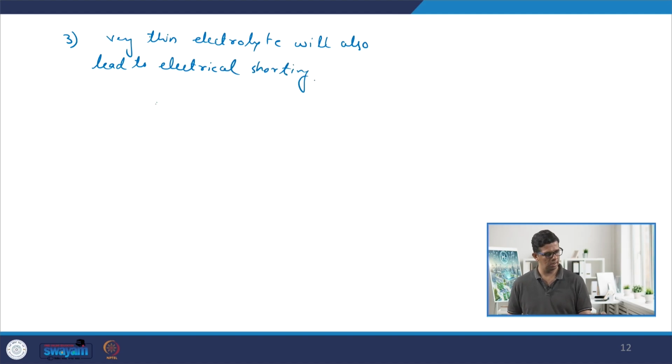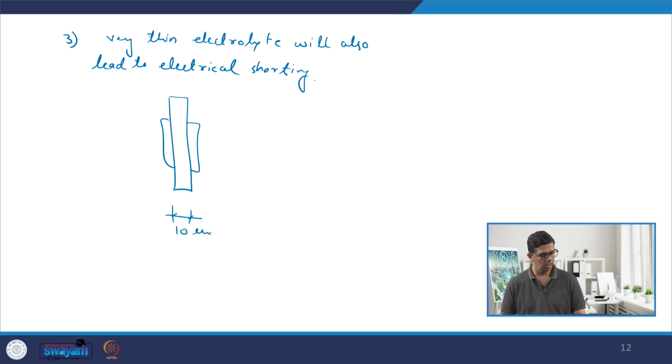In other words, if the thickness of the electrolyte is very small, like we discussed in the last example, roughly 10 microns or even lower, the anode and cathode are very closely placed across this electrolyte.